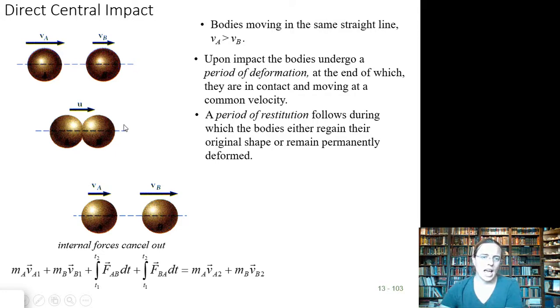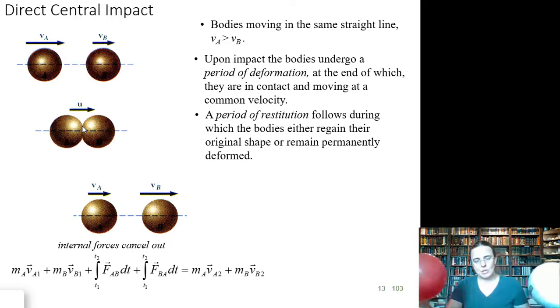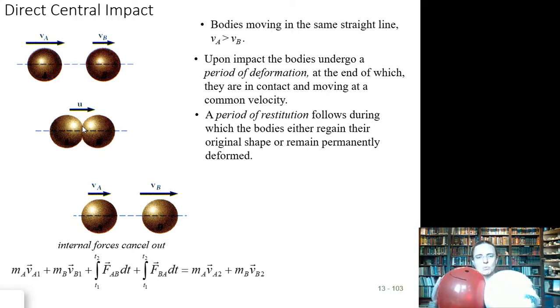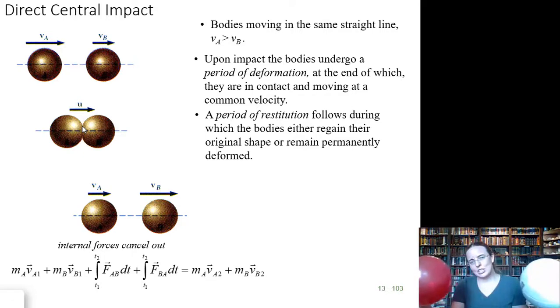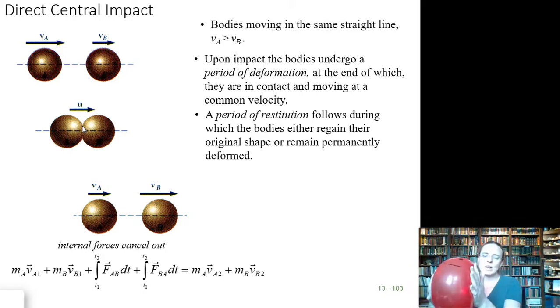A couple of different things happen during this collision. There's going to be a period where they deform: when they first come together and start squishing, the deformation reaches a maximum value, and then they bounce out of the collision, where each has to restore itself to its original shape. The amount of restoration that happens controls your coefficient of restitution.